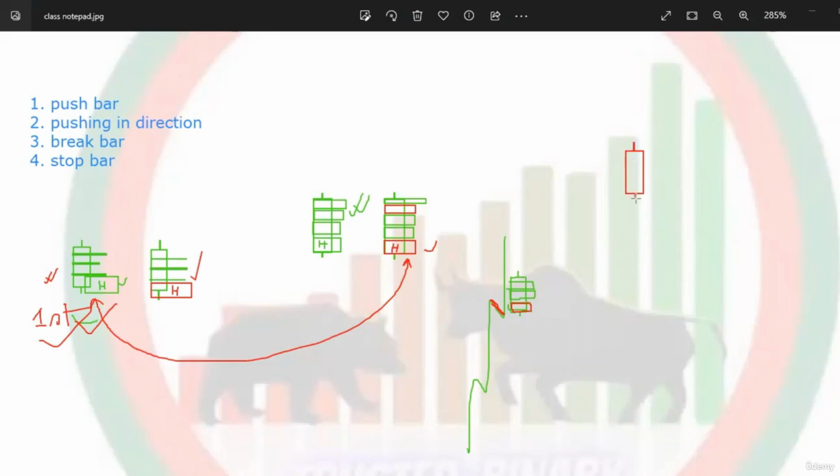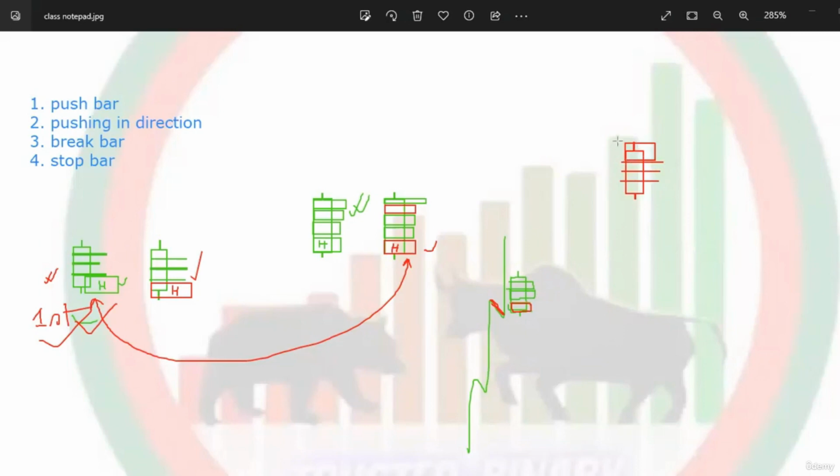So in the bearish candlestick, the push bar must be in this area, from the opening price to the wicks part. If we divide it into first, second, third, and fourth parts, the above part is the push bar in a bearish candlestick.